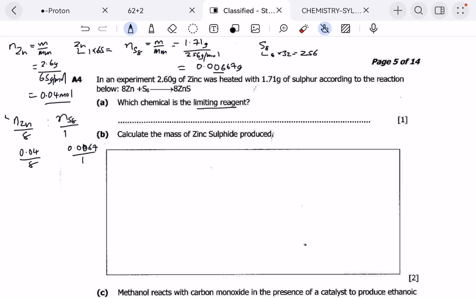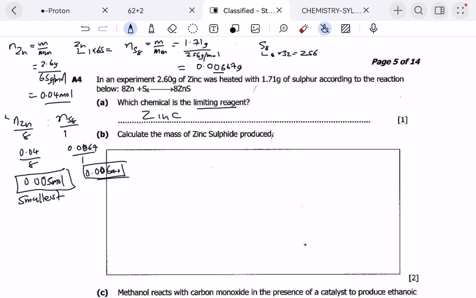When we do the math, this would be 0.005 moles, then the other one will be 0.006 moles. When you compare the two, you find that the smallest determines the limiting reagent. So in this case, what was limited in this reaction is zinc.